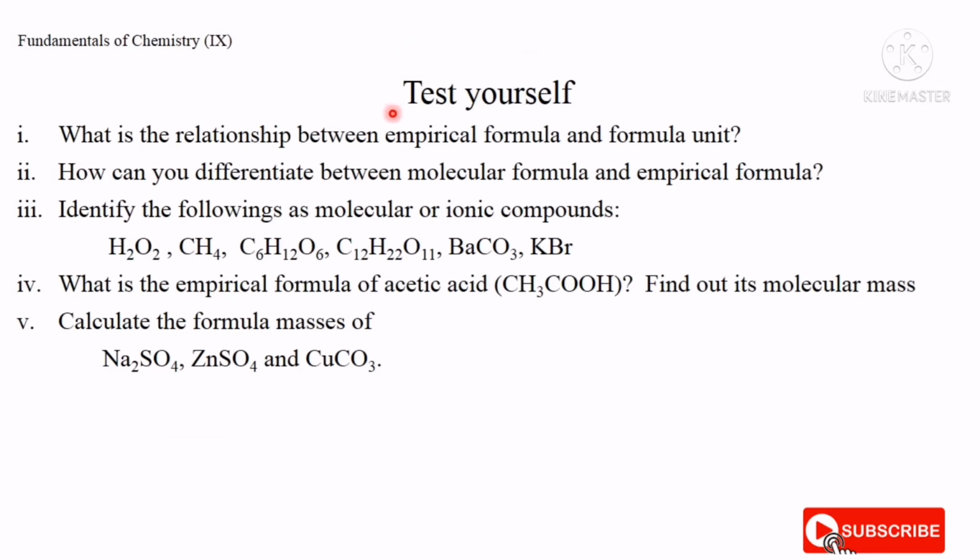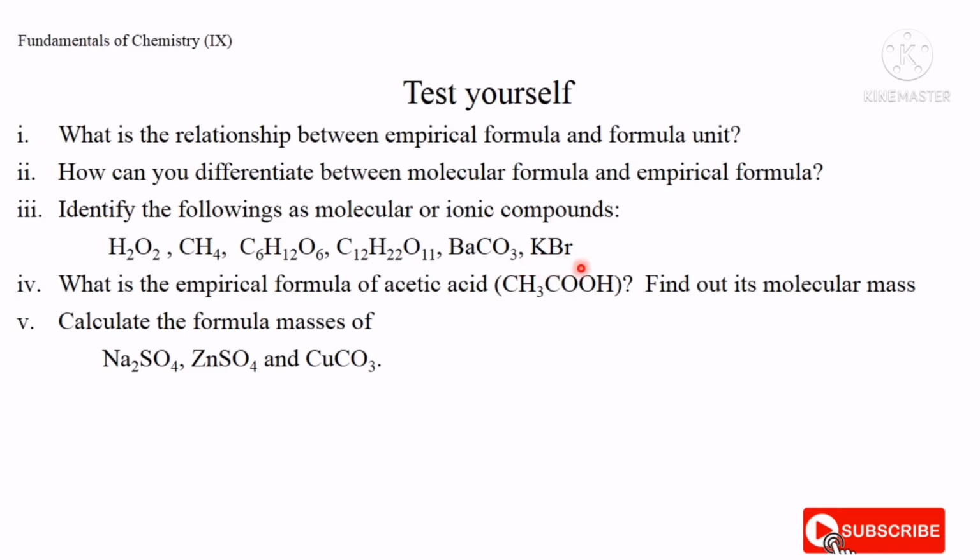Now we have an assignment for you, that is 5 questions. Question number 1: what is the relationship between the empirical formula and formula unit? Question number 2: how can you differentiate between molecular formula and empirical formula? Question number 3: identify the following as molecular or ionic compounds: hydrogen peroxide, methane gas, glucose, sugar, barium carbonate and potassium bromide.